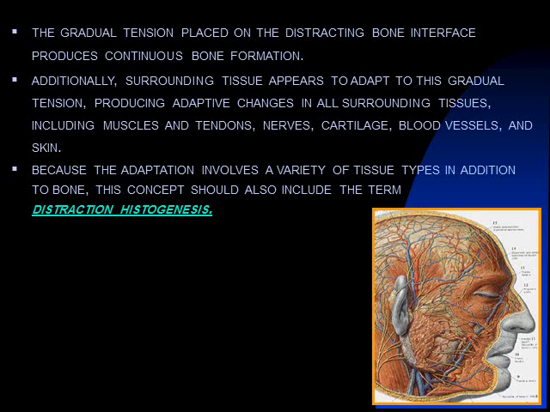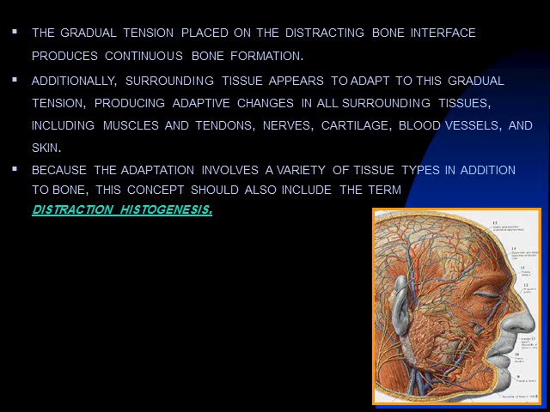This principle is based on the gradual traction and the stimulation of osteoblasts, which will form and lay down new bone matrix. Not only the bone is formed, but also the surrounding soft tissue, the nerve tissue, the muscles, the tendons, the cartilage, blood vessels, and the skin also will gradually be stretched and elongated.